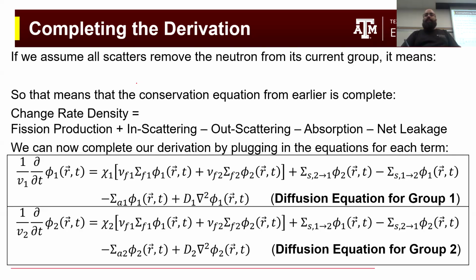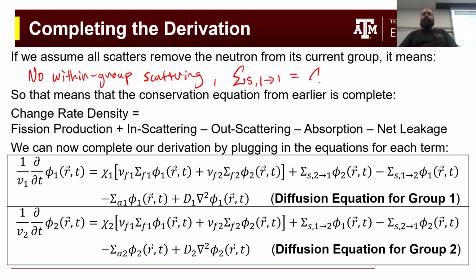So that means we're basically just assuming no within group scattering. So that means that the sigma s to go from 1 back into 1 is the exact same as the sigma s to go from 2 back into 2, and it's 0. We're assuming that there's no scattering reactions that keep the neutron in that same group.